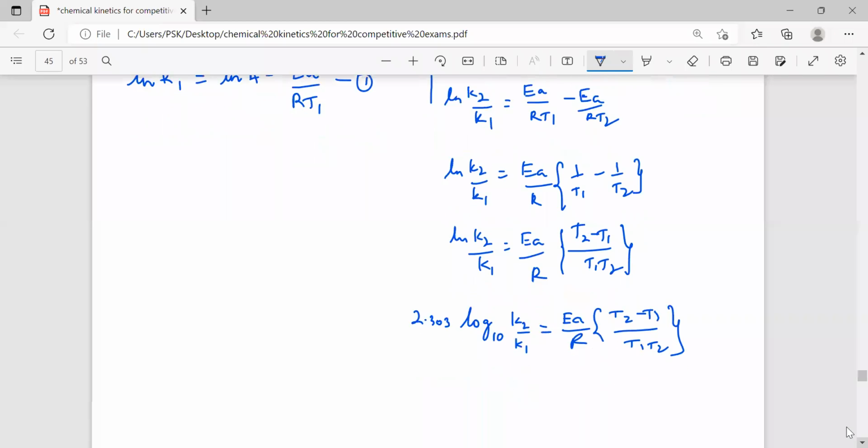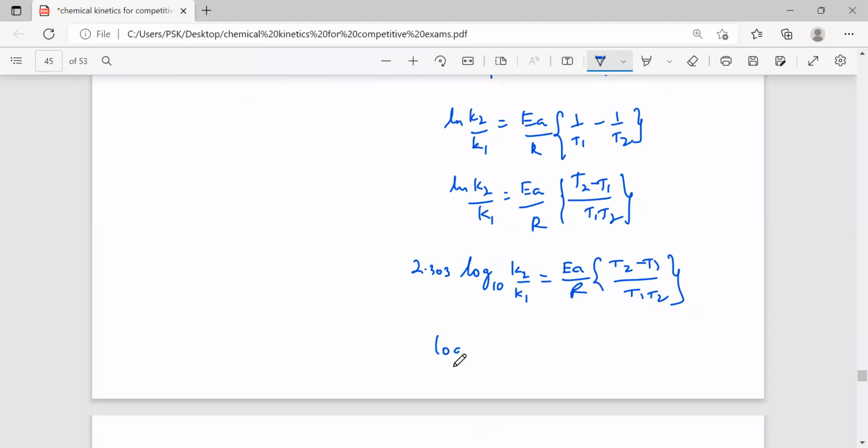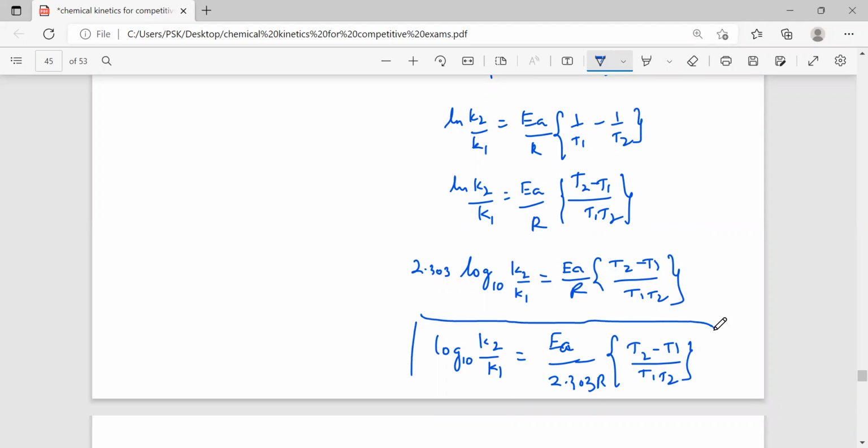Or we can write this equation as log to the base 10 of K2 by K1 is equal to EA by, we can take this 2.303 to the denominator, 2.303 R into T2 minus T1 divided by T1, T2. This is the formula to calculate the energy of activation at two different temperatures.